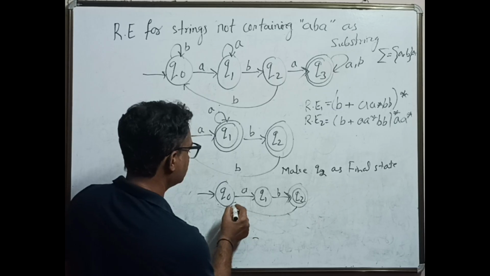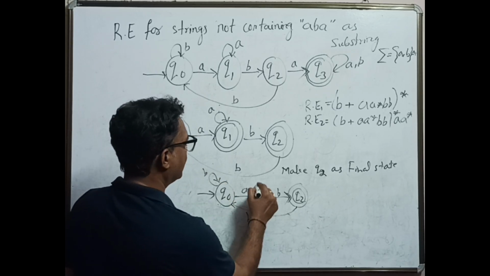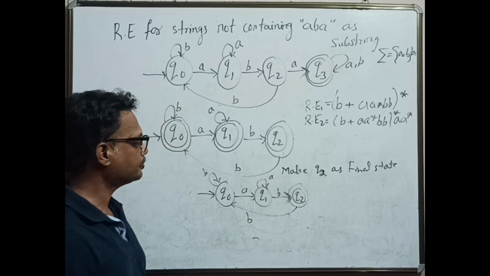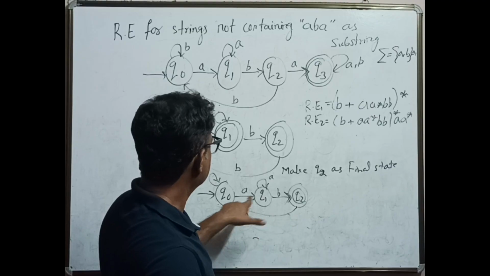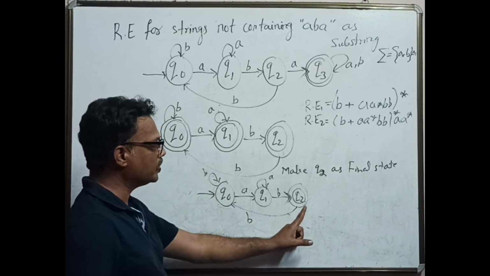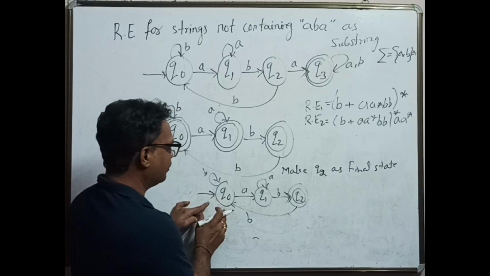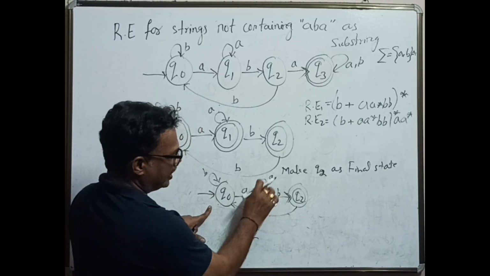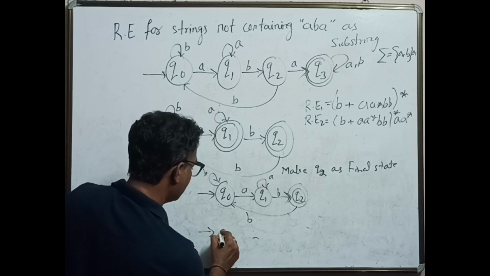From Q2 it goes to Q0, and this is B, and this is A. Now, since Q2 is final and Q0 is the initial state which cannot be replaced, I will eliminate Q1. If I eliminate Q1, what do I get?